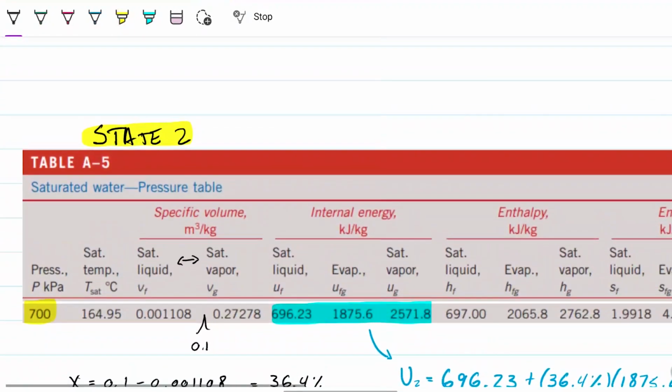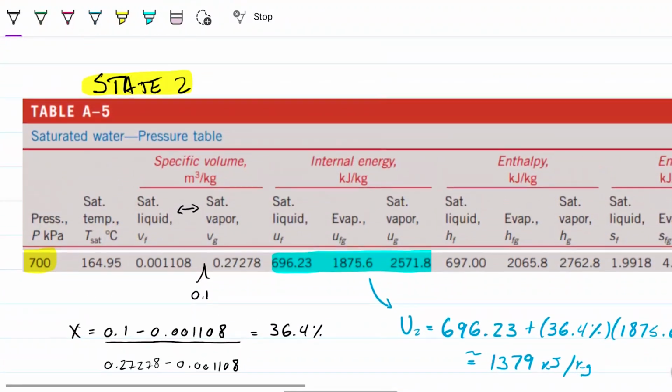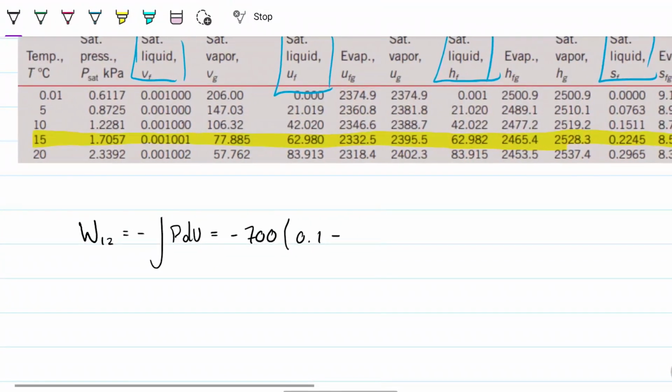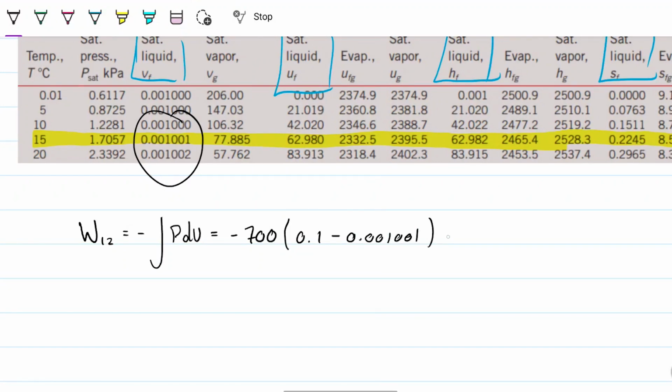V2 is 0.1, and V1 is a saturated liquid, so therefore this value here, 0.001001. So work from 1 to 2 is, what did I get? 69.3 kilojoules per kilogram.